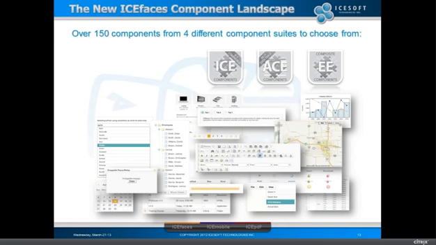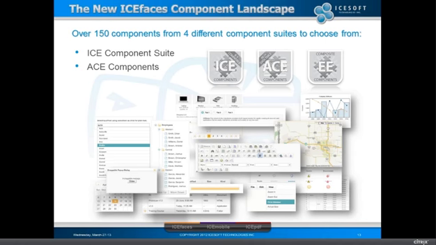Okay, now on to the component landscape with ICEfaces. So I mentioned we have over 150 components and 4 different component suites to choose from now. This is quite a lot. We have the older ICE component suite, which is brought up onto the compatibility layer for ICEfaces 2 and 3. We also have a brand new library called the ACE components.